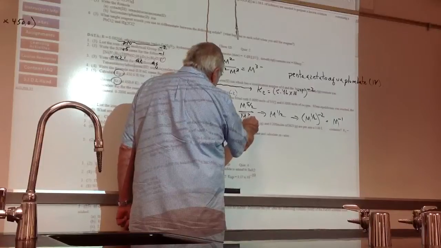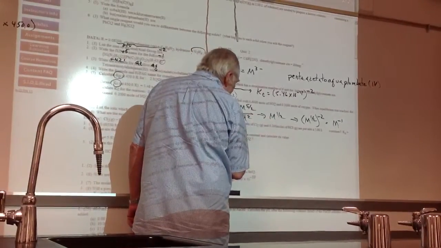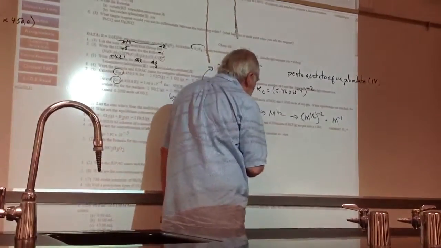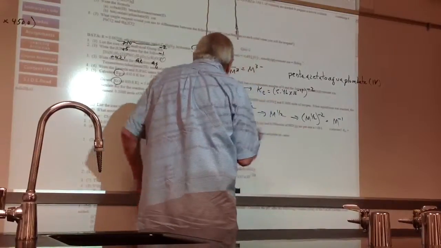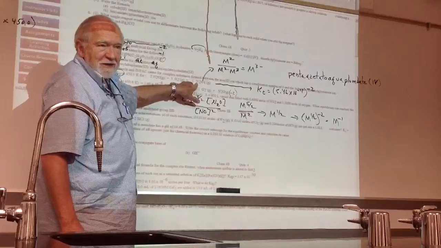This is 4/2, 5/2, 1/2. Now raise it to the -2 power. Okay, and that made it -1 up here. It should have different units because of different exponents. Okay.